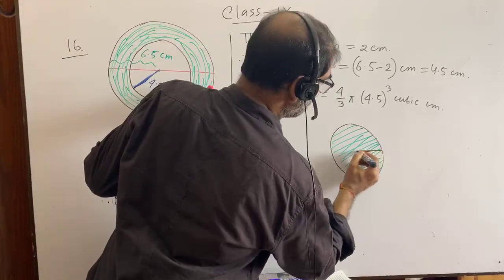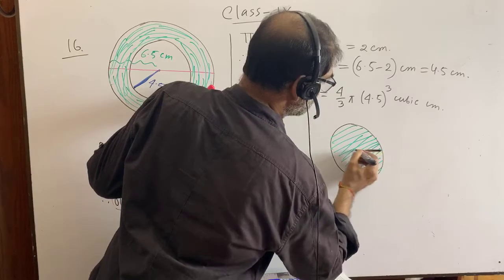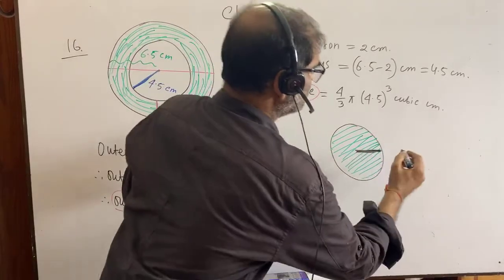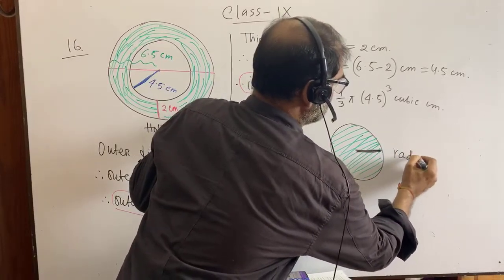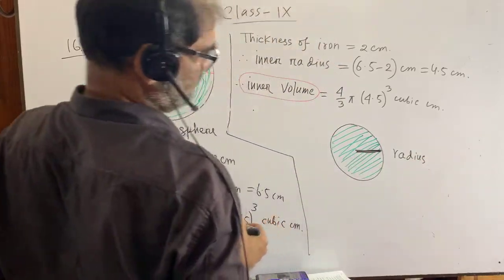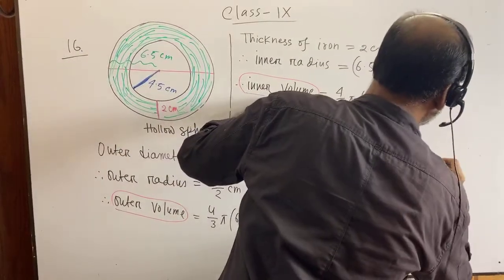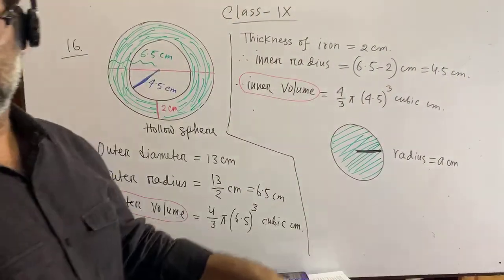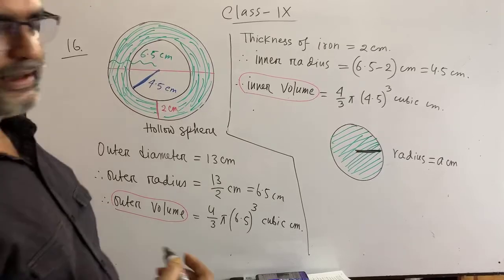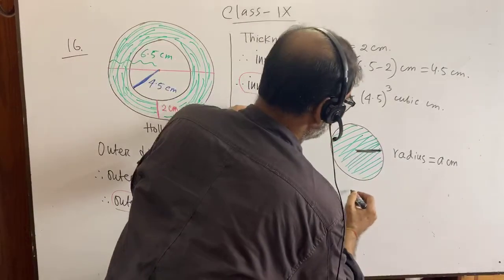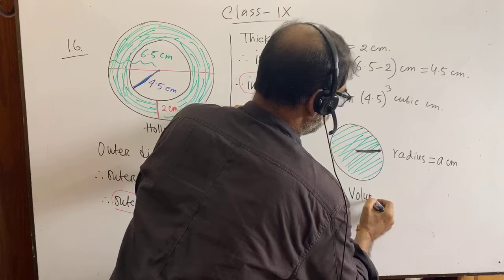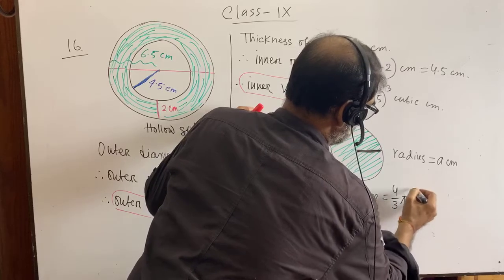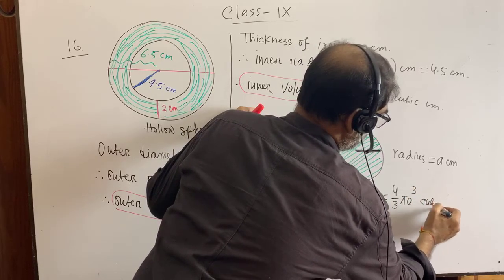What is the diameter of this solid sphere? Let its radius be a centimeter. That means its volume equals 4 by 3 pi a cube cubic centimeter.